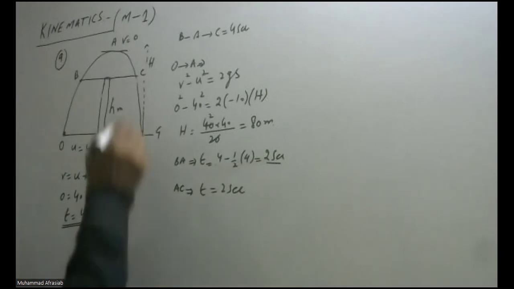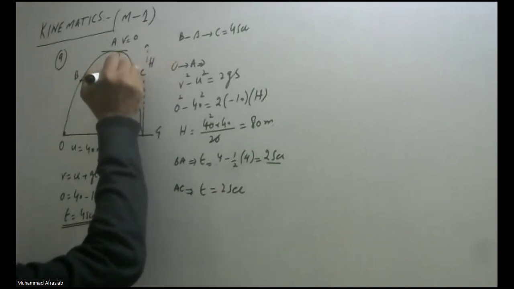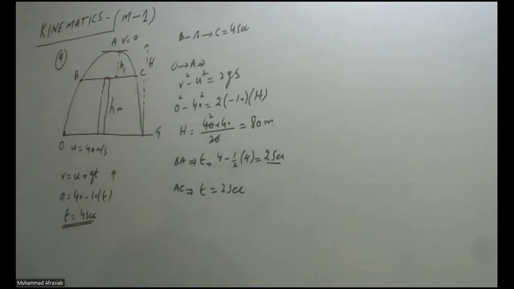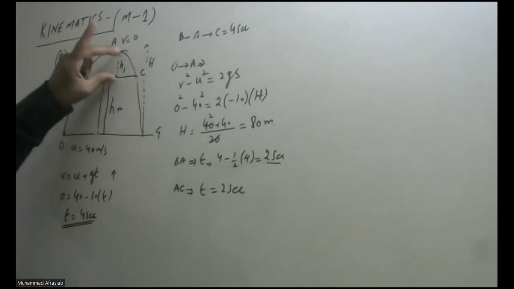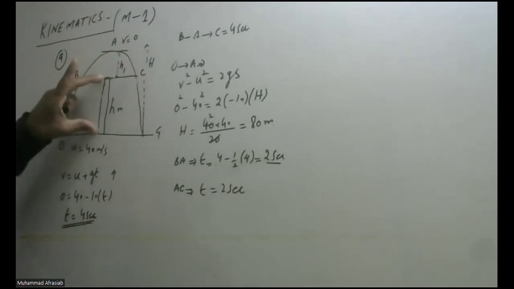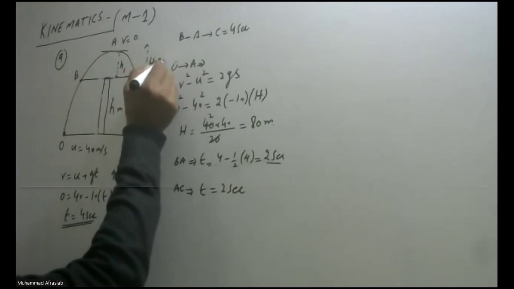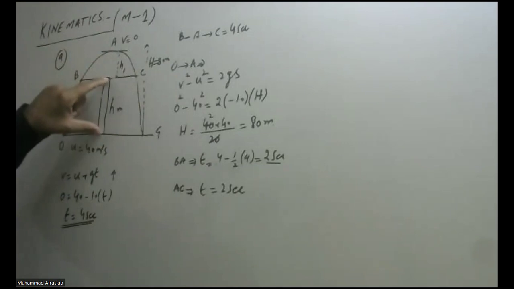Now, if we calculate the height from A to this position, let's say that is h1, then the total height of the projectile minus this height gives the height of the building. We have calculated the total height H is equal to 80 meters. From this 80 meters, if we subtract this height, then it will be the height of the building.